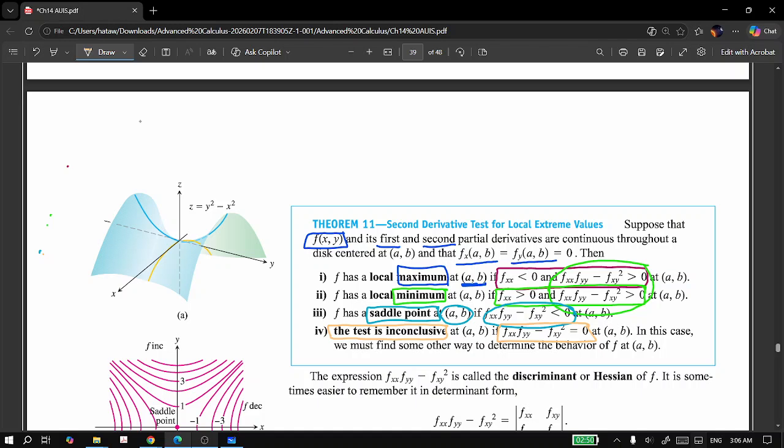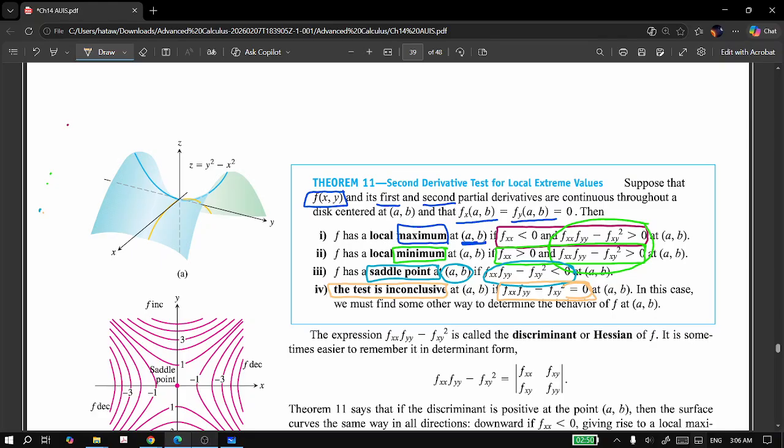So when this expression is equal to 0, you just leave the question and say that the test is inconclusive and we cannot find the local extreme values using that method. That expression, f_xx f_yy minus f_xy squared, is called the discriminant.